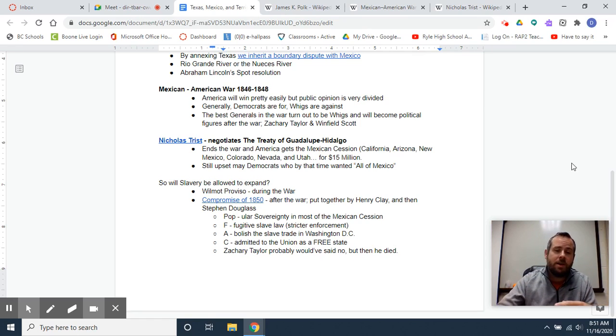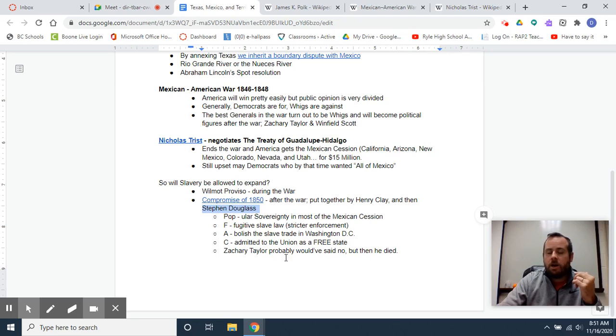His plan didn't work. But then Stephen Douglas from Illinois picks up the pieces of Henry Clay's broken bill and gets each one passed separately, individually. He said, we couldn't get enough people in Congress to agree on all of these, but we could get a majority formed to approve each one separately, by kind of bartering and trading political opinions and favors.